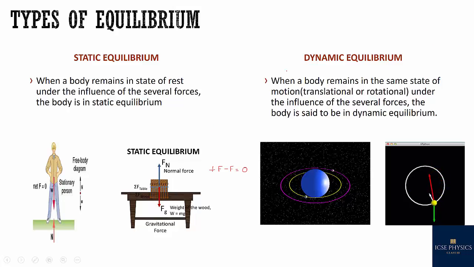What is dynamic equilibrium? When a body remains in the state of motion under the influence of several forces, the body is said to be in dynamic equilibrium, as in the case of the solar system. Even the planets and the sun are under the influence of several forces. They remain in the state of motion all the time.